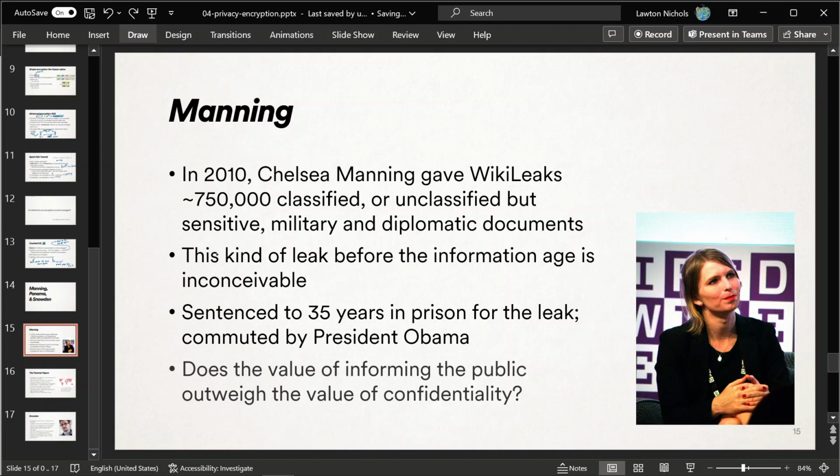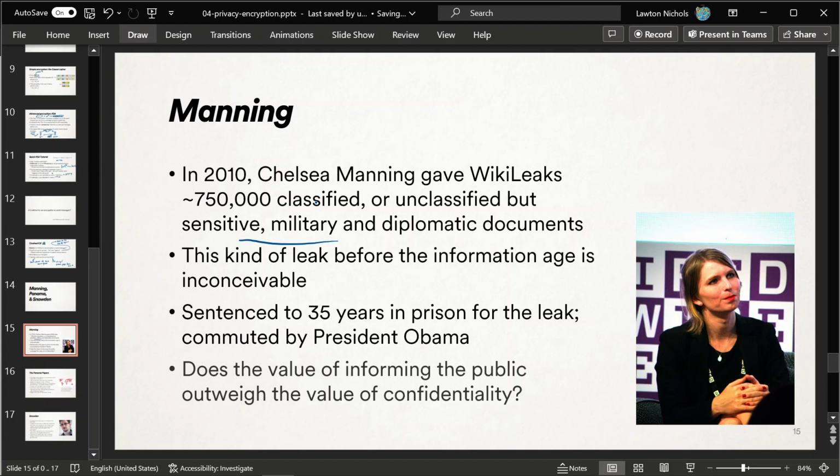And so it was very sensitive. You're not allowed to do this. So what she did was illegal, right? But she was a whistleblower. She leaked something. This kind of leak, like leaking almost 1 million documents, is impossible to do before the age of the internet, right? You could not have leaked a truckload of documents very easily otherwise, because you would have to print it all out. Now you don't. So she leaked a lot of this stuff.